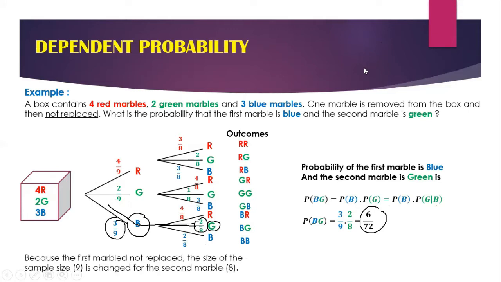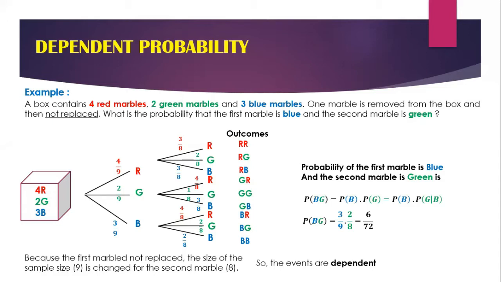Because the first marble is not replaced, the sample size of 9 is changed to 8 for the second marble. So we can take the conclusion that the events are dependent probability.